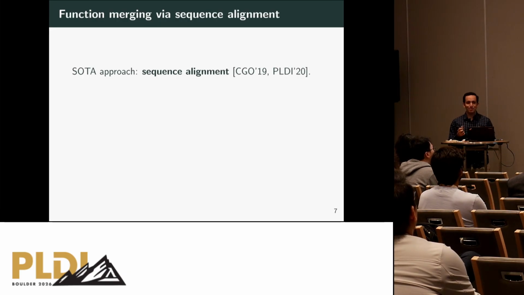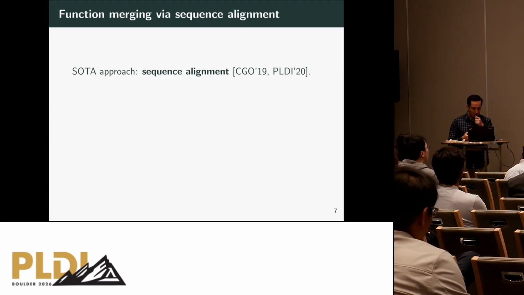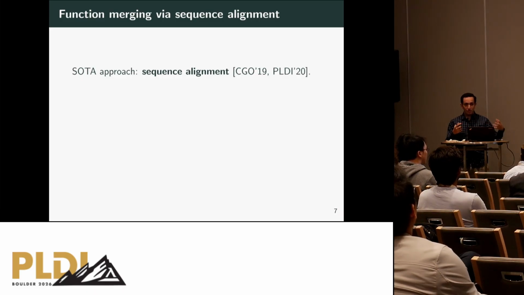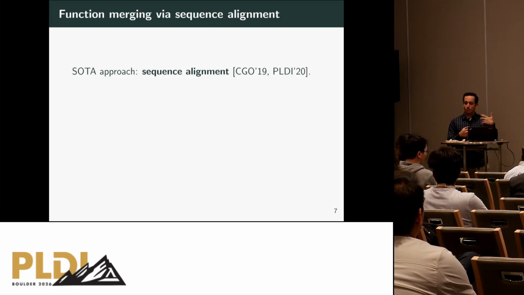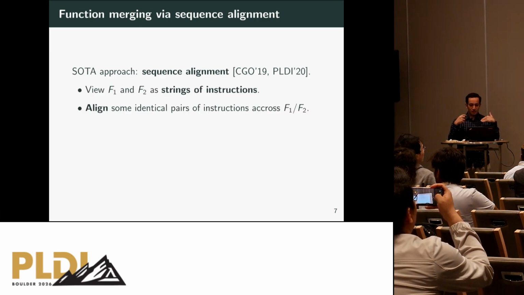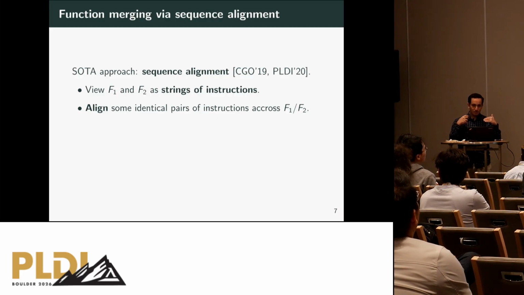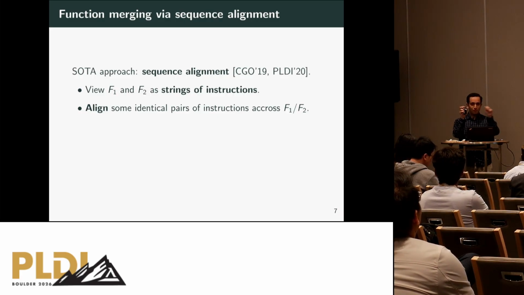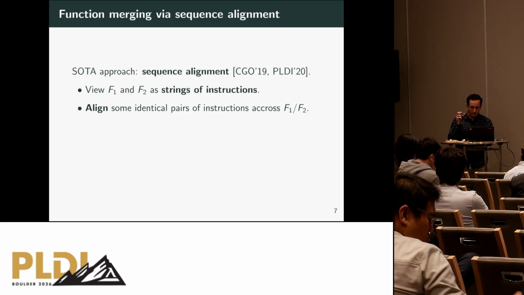Okay, how do we do the merging? The state-of-the-art approach for this is based on sequence alignment. I will overview this approach for you because we build on top of it. Basically, you view the two functions as strings of instructions, and then you align some pairs of instructions across the two functions.